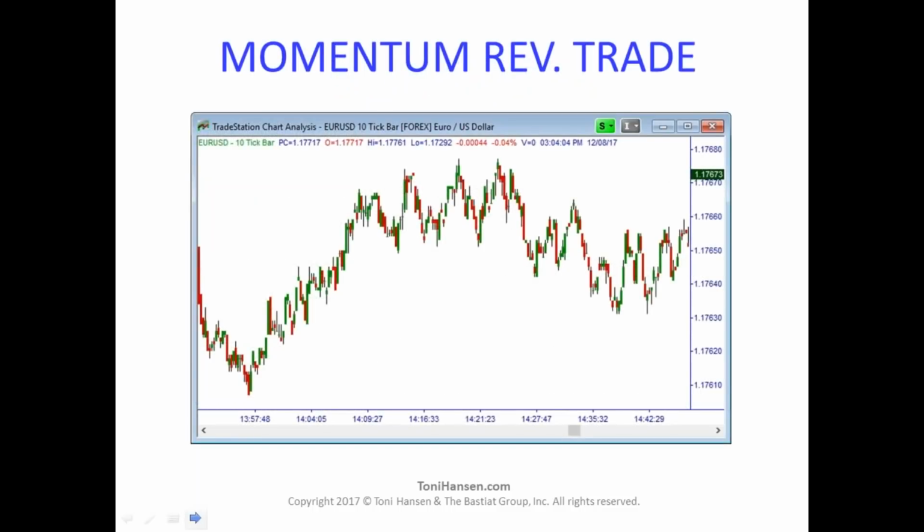So the first thing that I want to show you guys today, this is a trade that was setting up as I was working with a client last week. Let's see, it was on Friday, and we were talking about different types of trade strategies, and I brought up the momentum reversal as one that I wanted this particular person to focus on because it's one of the easiest types of strategies to learn.